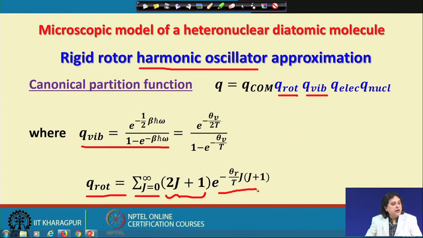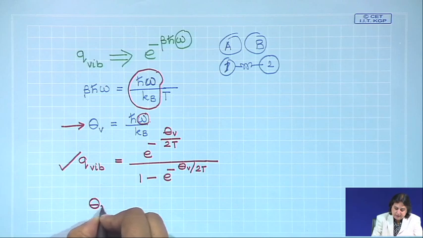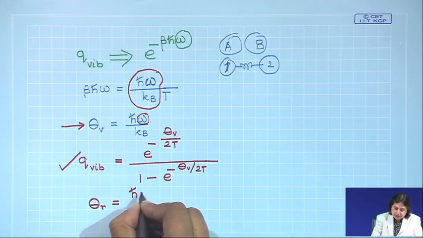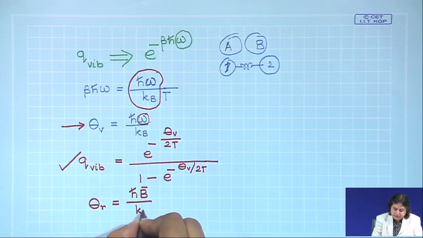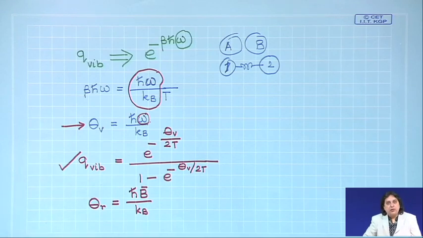I have used the notation that theta r is equal to h cross B bar by k_B T. Now, once again the B bar, that is the rotational constant, contains information specific to the molecule that I consider. So, this is also a characteristic property of the molecule, and I can perform experiments in rotational spectroscopy to find out B bar, and hence I should be able to find out theta r.